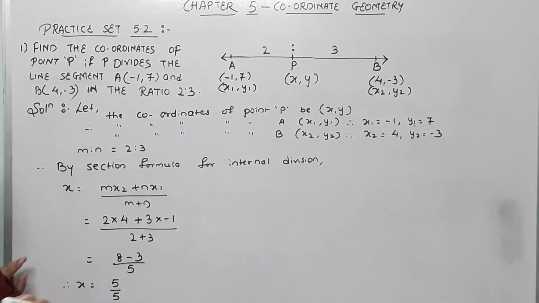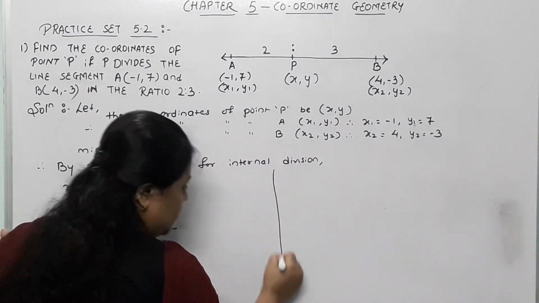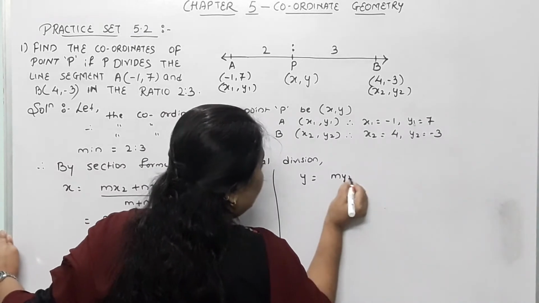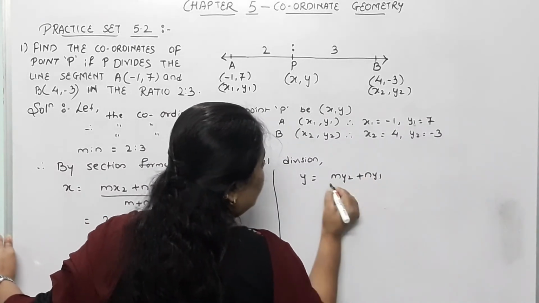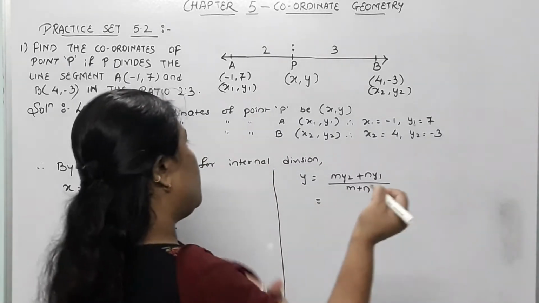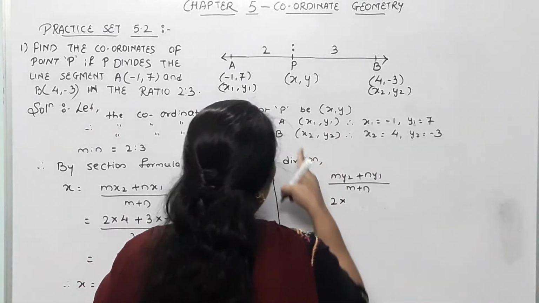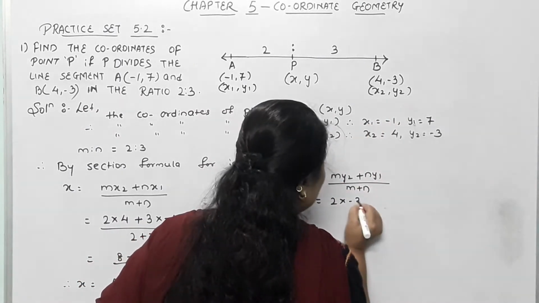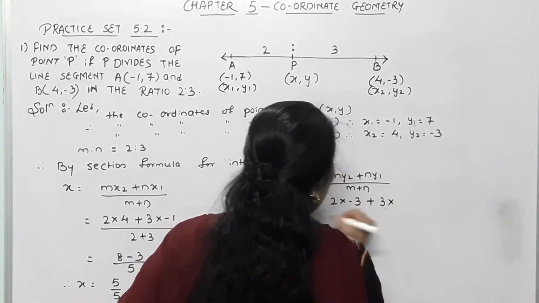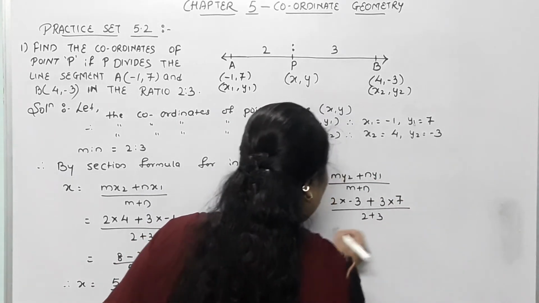Now, we will see the value of y. How to calculate? See here. y equals my2 plus ny1 upon m plus n. Therefore, substitute the values there. What is m? 2 into y2 which is -3, plus n is 3 and y1 is 7, upon 2 plus 3.